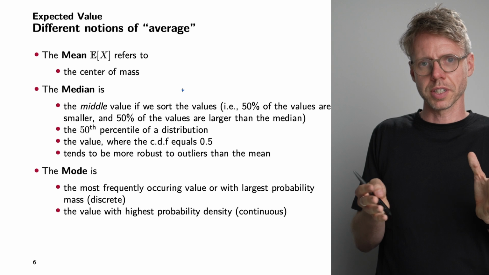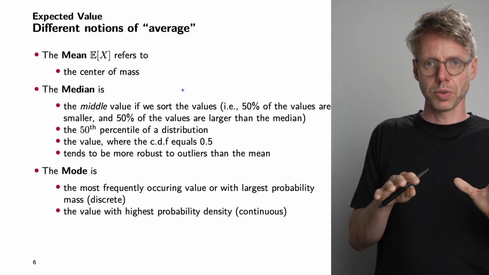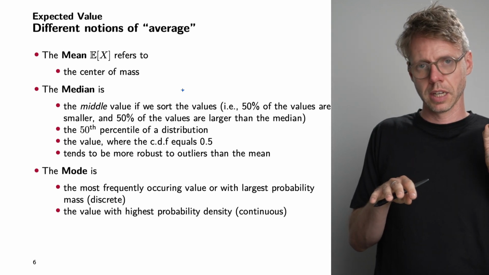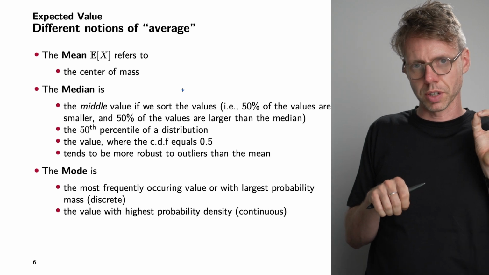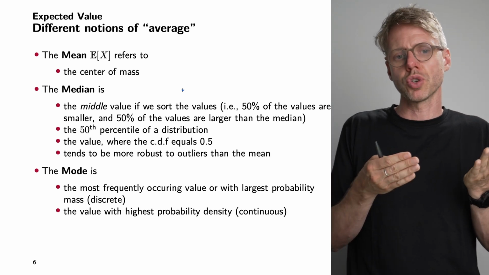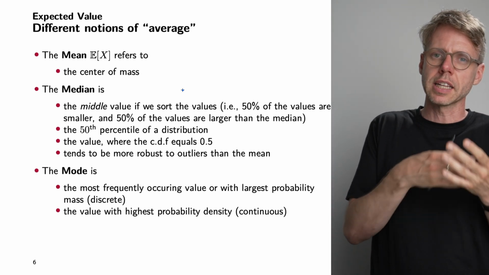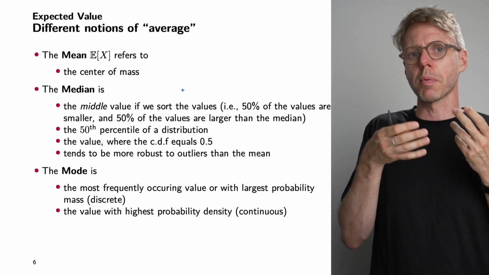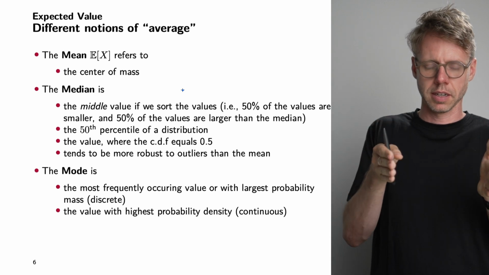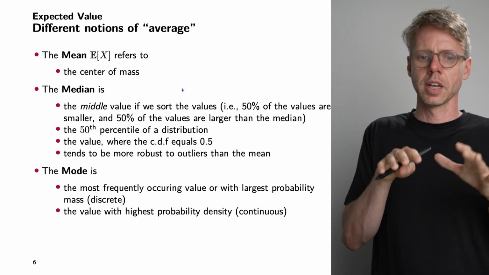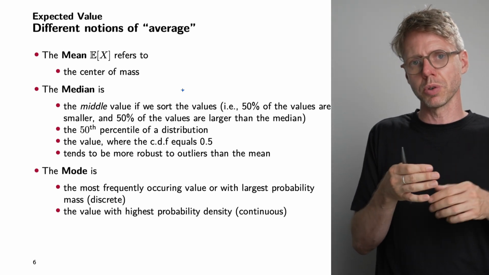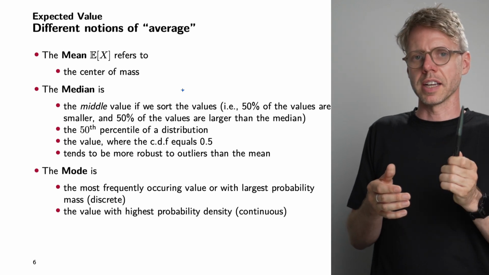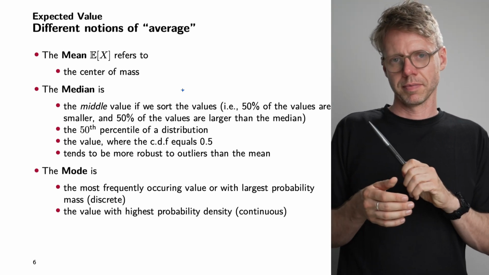The third interesting value could be the mode of a distribution. So the mode of a discrete distribution is the value that is most frequently occurring, in the sense that it has the largest probability mass attached to it. In the continuous case, it would be the value with the highest probability density.